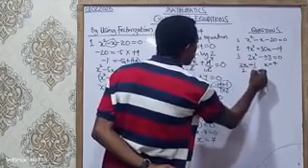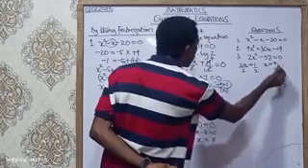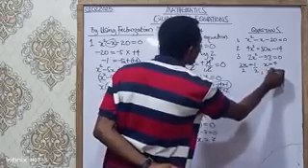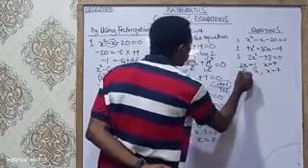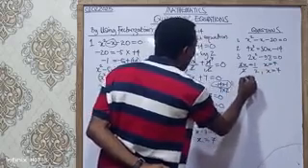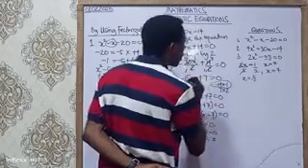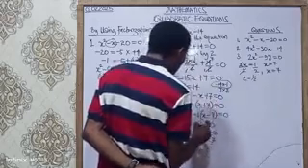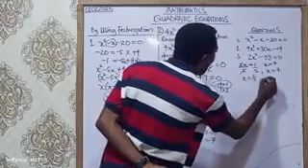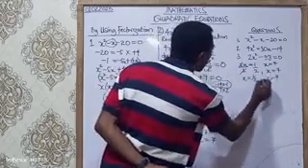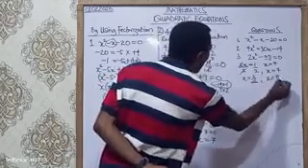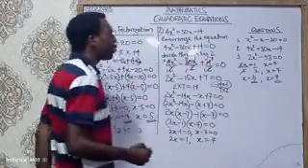This one will be over 2. Now, this one is already there, x is equal to 7. So 2 will cancel 2. My x is equal to 1 over 2. Don't forget that. And this one will now be x is equal to 7. So that will be our final answer.